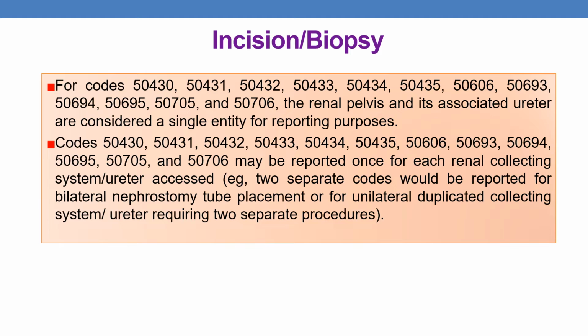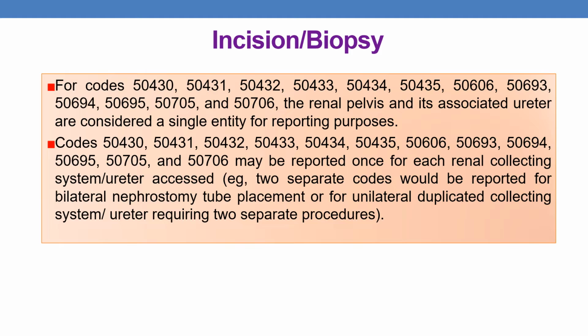And the codes 50430 to 50706 may be reported once per each renal collecting system or ureter accessed. For example, two separate codes would be reported for bilateral nephrostomy tube placement, or for a unilateral duplicated collecting system or ureter requiring two separate procedures.